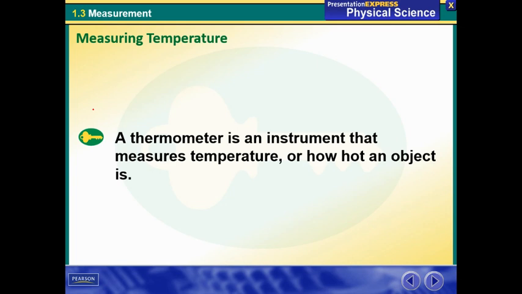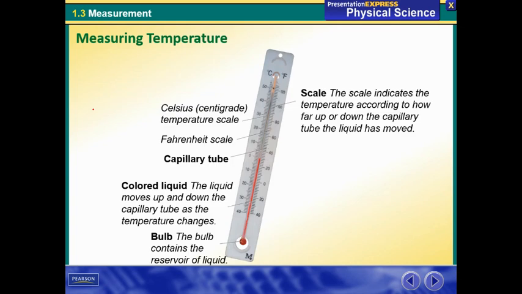So there are different types of thermometers, but the one that you typically see in science class tends to look like this. Usually there is a tube made of glass, and there is a red fluid in it. This red fluid, whenever it heats up, expands and actually moves up the tube, and whenever it cools down, will move down the tube.